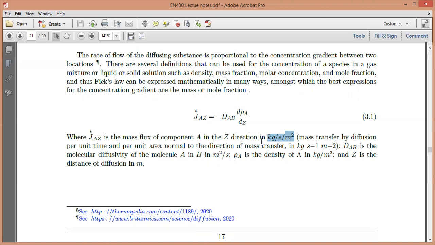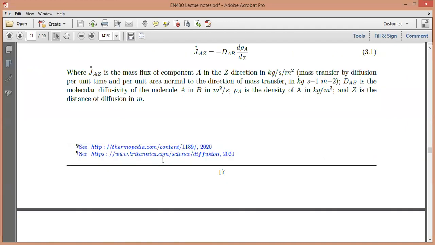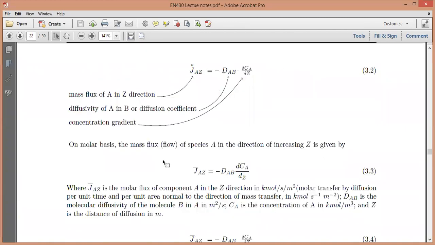DAB, like I mentioned earlier, is the molecular diffusivity of a molecule A in B. It basically tells us to what extent molecule A is able to dissolve into B, and it's calculated in square meters per second. Then ρA is the density of A in kg per cubic meter, and Z is the distance of diffusion, the distance of movement of those molecules, which we consider in our calculations.